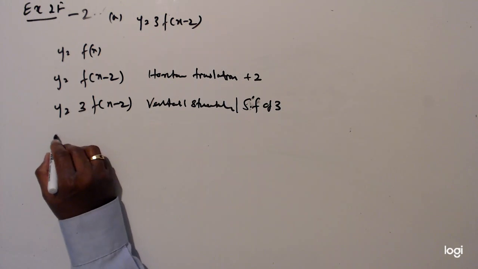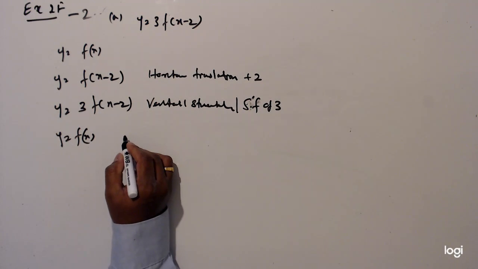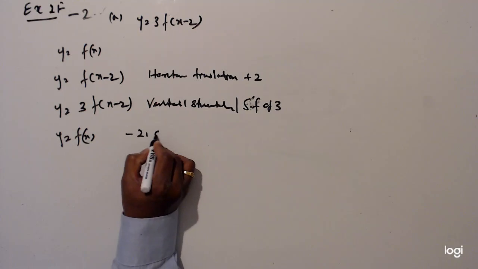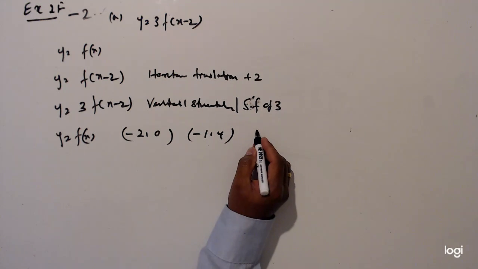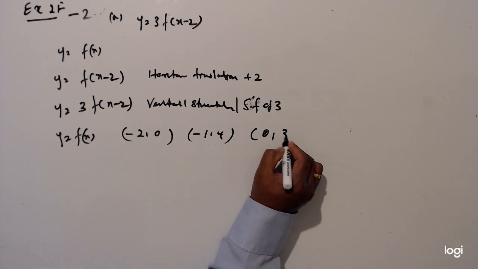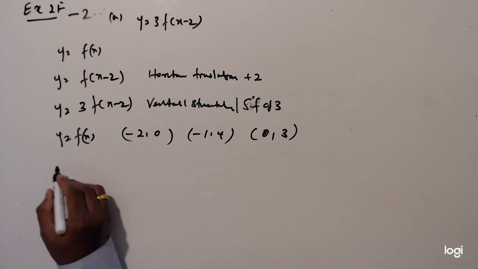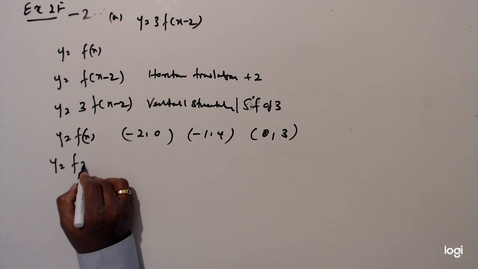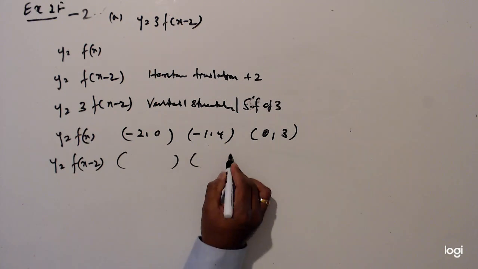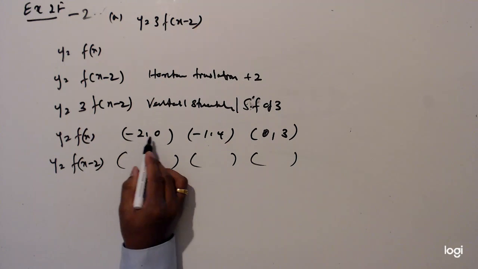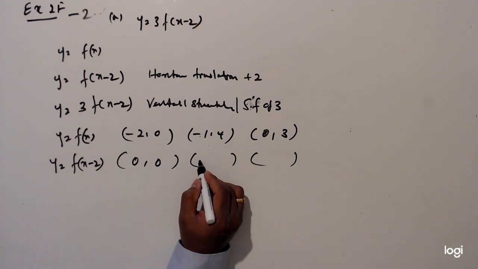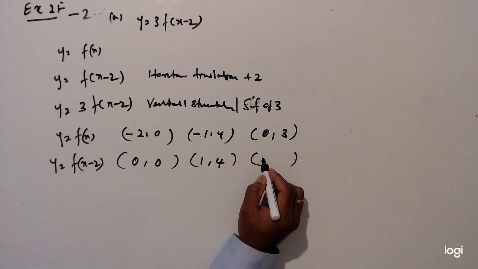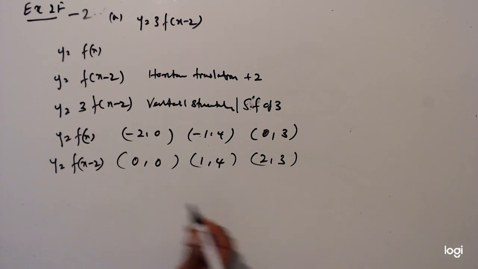The points of y equals f(x) minus 2: (0), (-1, 4), (3, 0), (0, 3). So then f(x minus 2) affects the x values: -2 plus 2 is 0, and -1 plus 2 is 1 and 4 as it is, 0 plus 2 is 2 and 3 as it is.